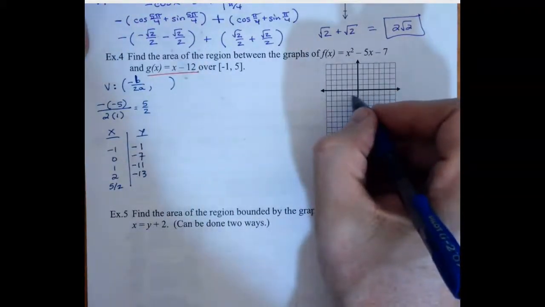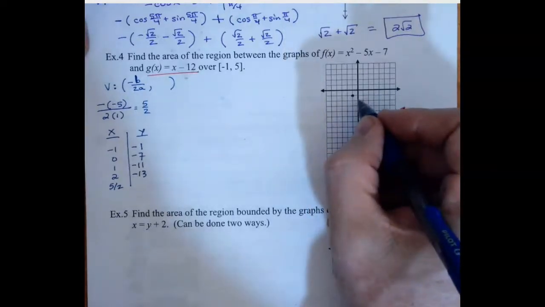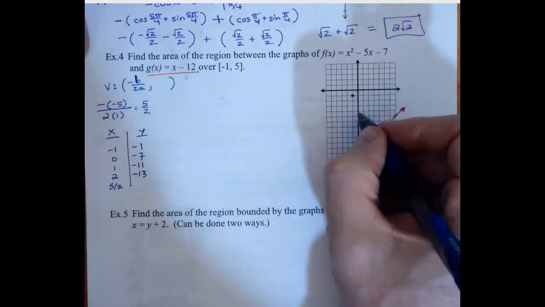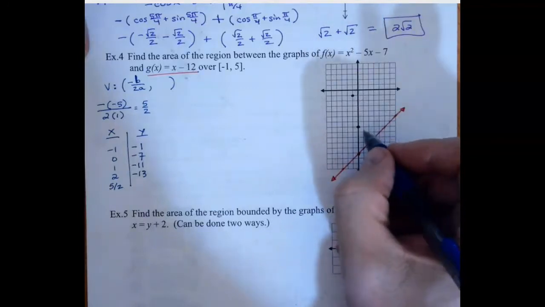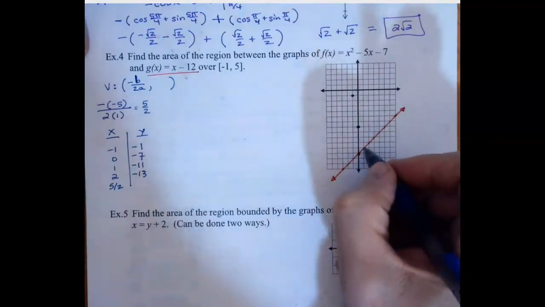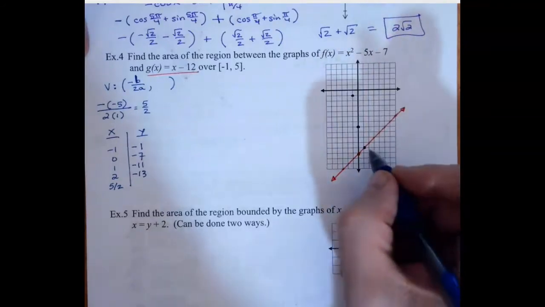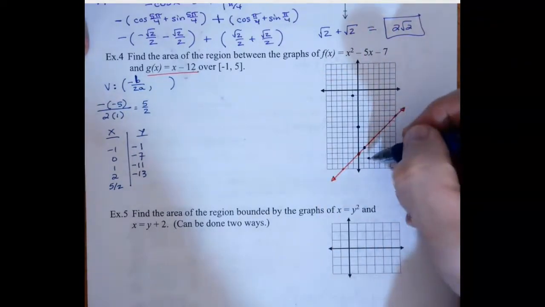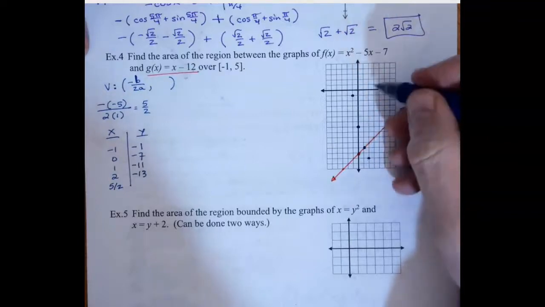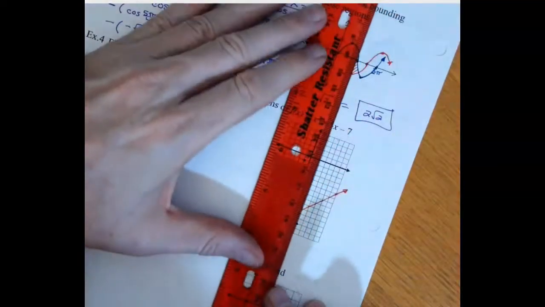So negative 1 is right here, and then negative 7 is here, and then negative 11 is right there, and then negative 13 is right here. Now that's 2, negative 13. Now the axis of symmetry would be at 2.5.